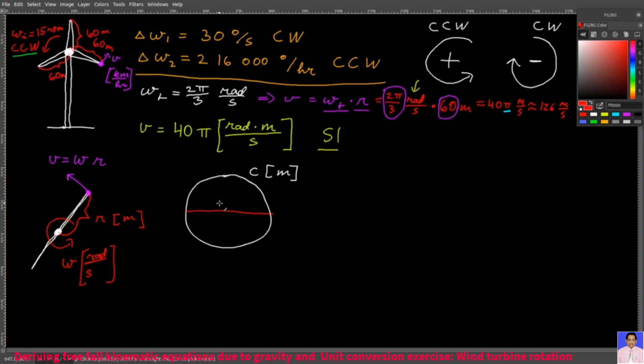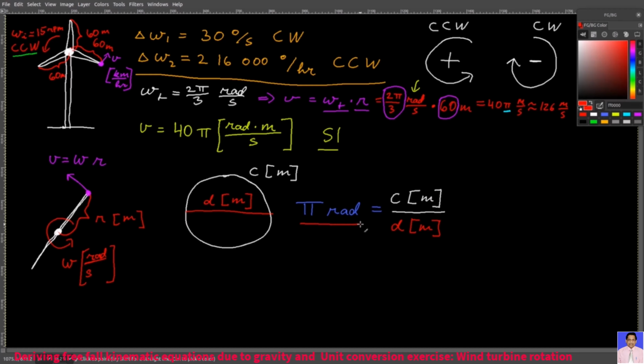And this circle also has a diameter, which we measure in meters as well. Both are in meters. And then you know that pi radians equals the circumference, measured in meters, over the diameter, also measured in meters.